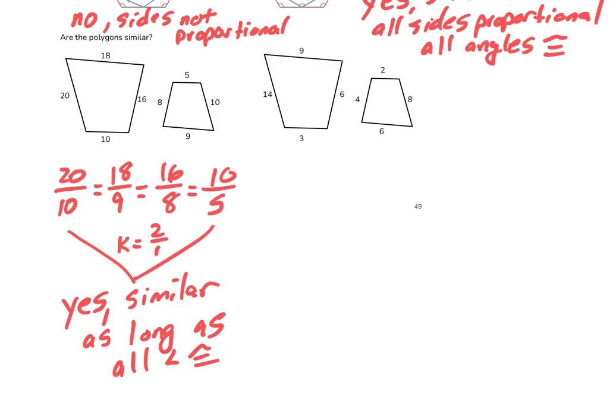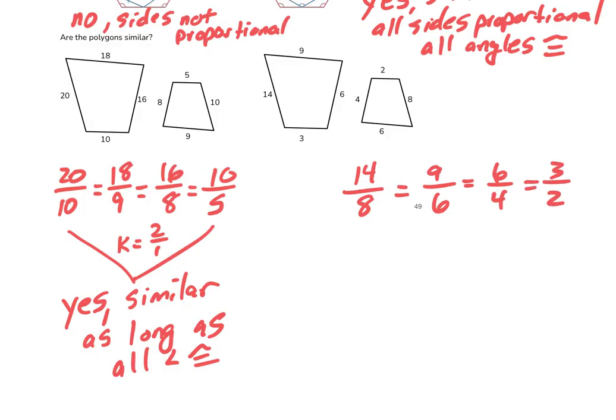If I did the same thing on the next two, and I went big to small, 14 is the biggest one here. 8 is the biggest one on the other one. 9 goes to 6. 6 goes to 4. 3 goes to 2.